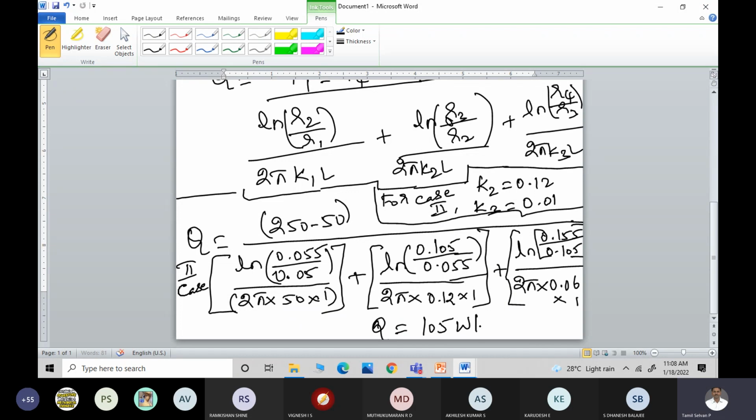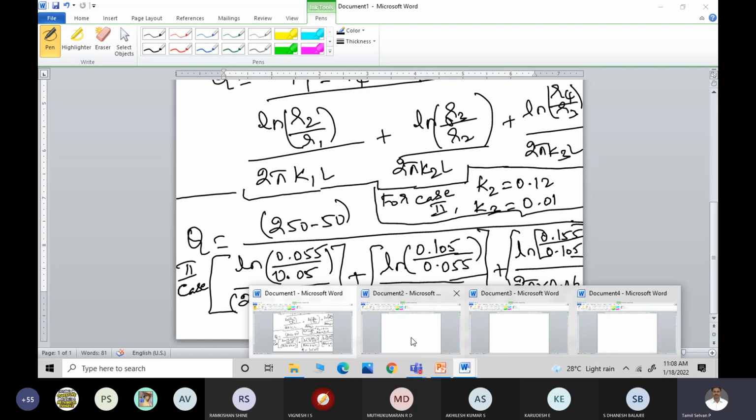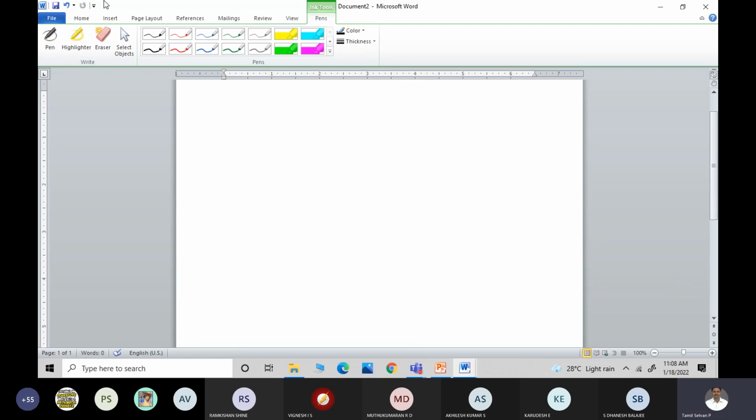105 watts. Now in the previous case it is 80, right? Why is it 80? Because if you have the first insulator as the lesser insulator, having a very low thermal conductivity value, then you will have less heat dissipation.